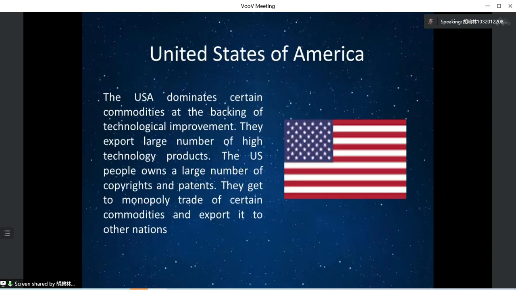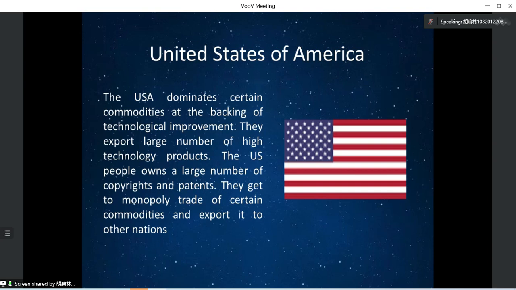Let me give you an example of a country you guys are familiar with, the United States of America. As we all know, the US dominates certain commodities and technologies through technological improvement. In global trade, they export a lot of high-technology products to many countries, most of them developing countries.